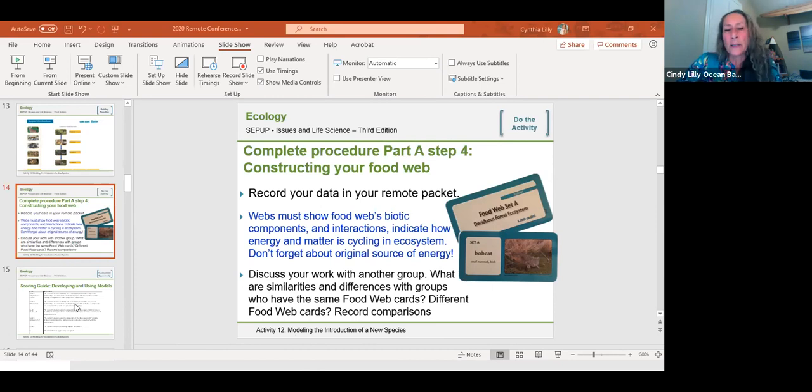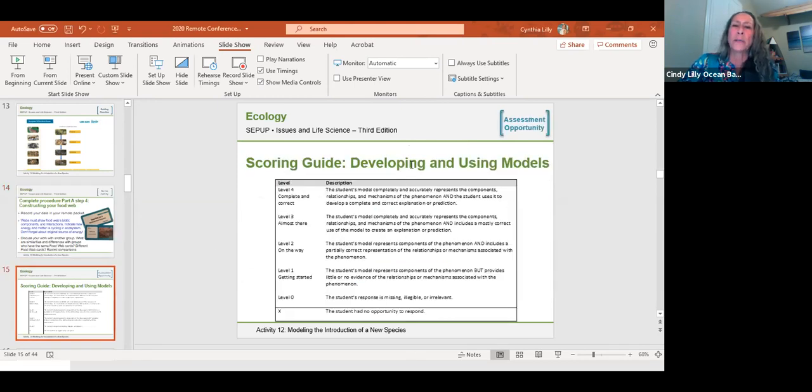So the other thing that I really like about this activity right here is there is a rubric. Our kids get really familiar with using expectational rubrics. So the kids would have this rubric at the beginning and know, how many of your kids go, is this right? Is this right? And I'm like, okay, just look at the rubric.